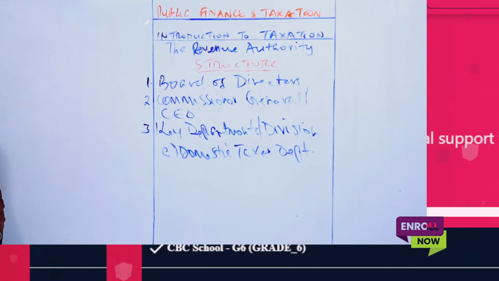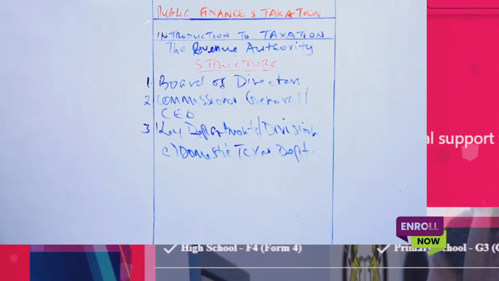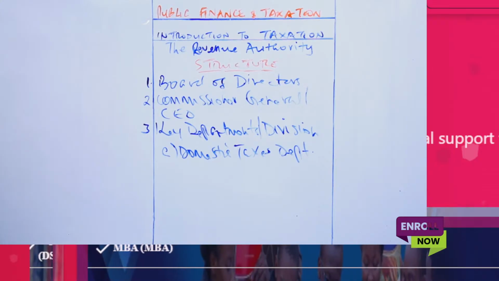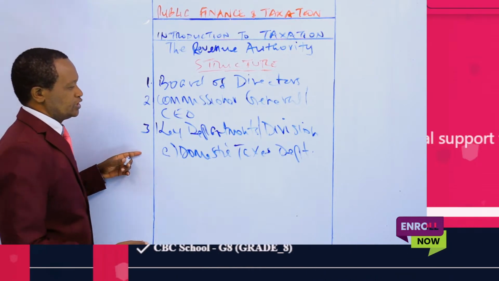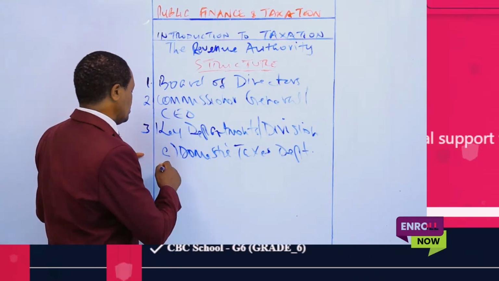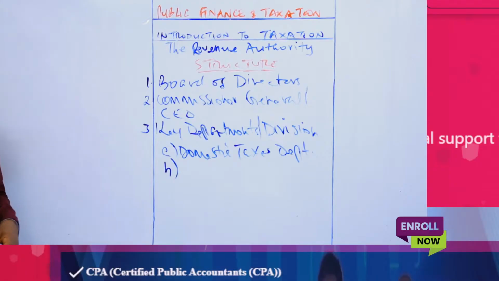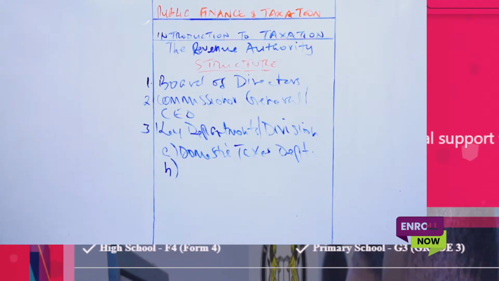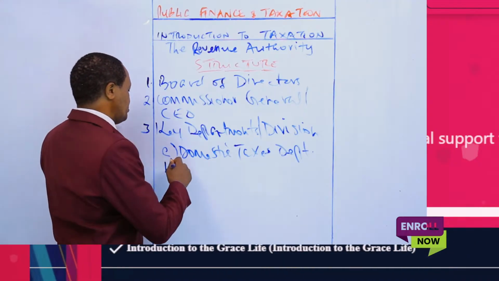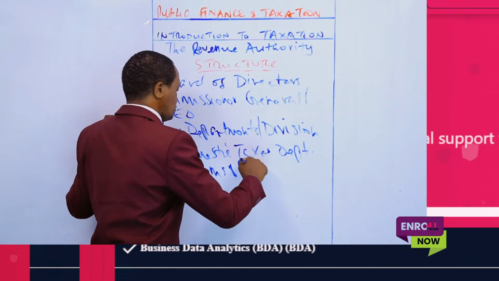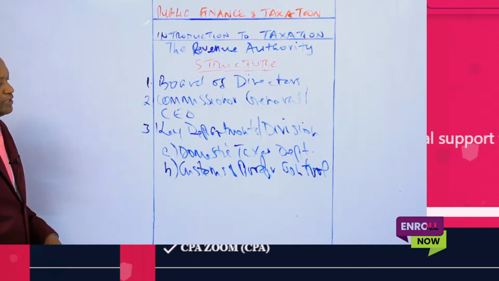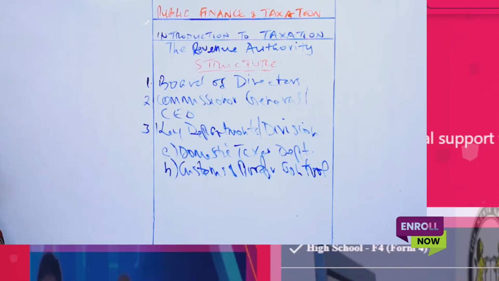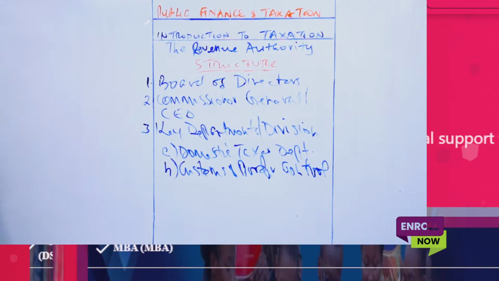The Domestic Taxes Department is responsible for income tax, VAT, and other domestic taxes. And this is where the large and medium taxpayer offices fall. The second department is the Customs and Border Control Department, the second key department or division within the KRA organizational structure.